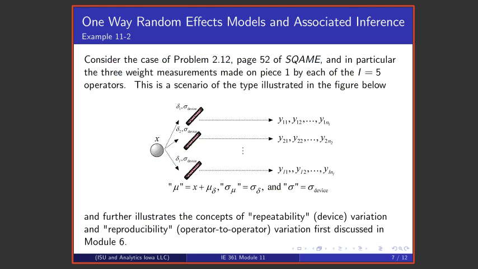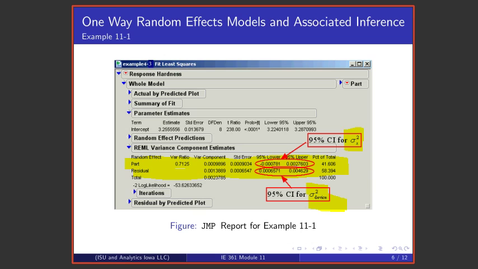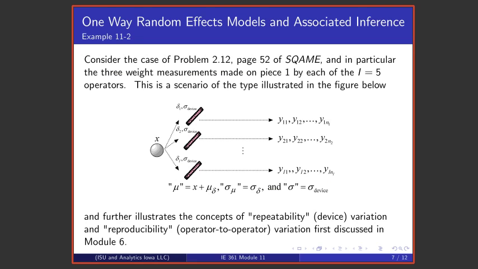I note here that the lower end of this confidence interval for this variance is negative. Of course, no variance can be negative, so one would replace that with 0 as one tries to interpret the output.